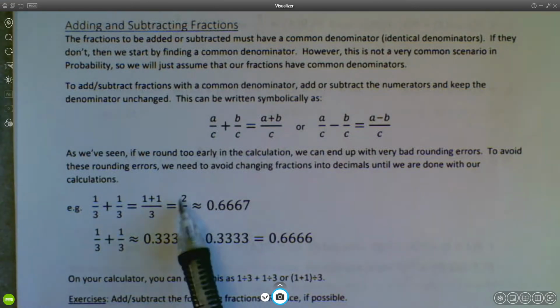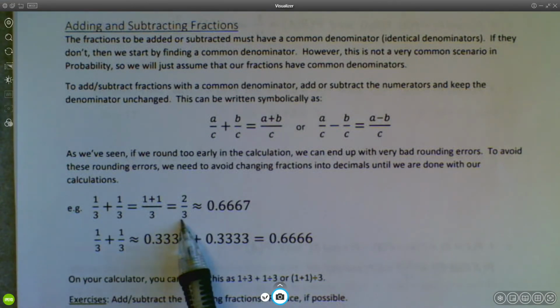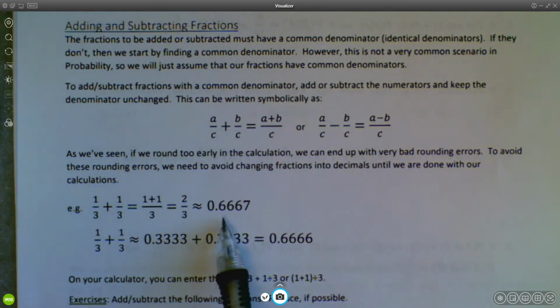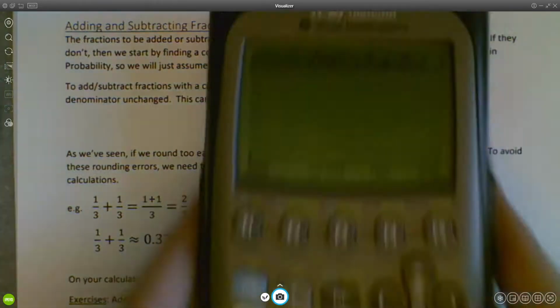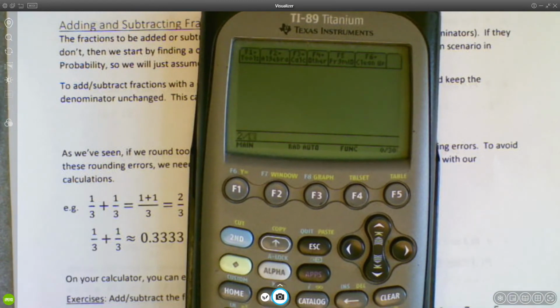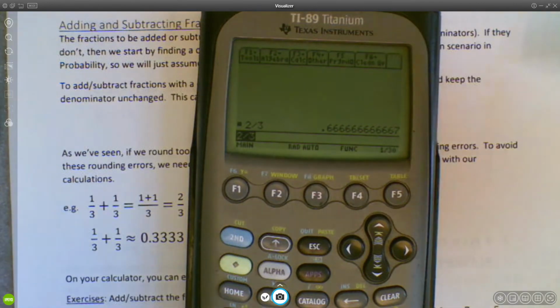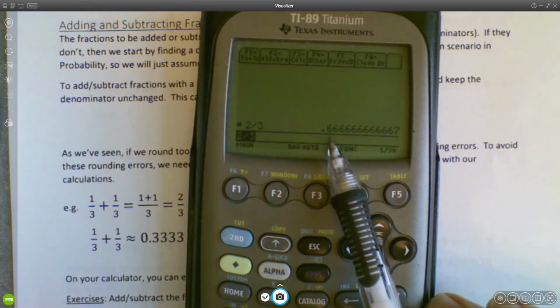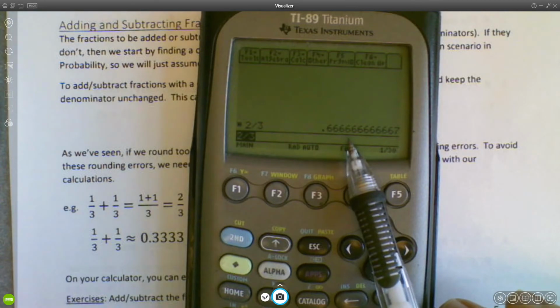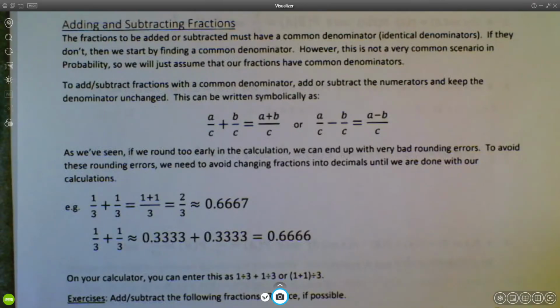That makes sense. Now if you change that into a decimal, 2/3 is approximately, if you round to 4 decimal places, here, we can do this in the calculator. 2/3 as a decimal is 0.66666 repeating forever. So if we round this to 4 decimal places, we get 0.6667. We'd have to round up to 7.